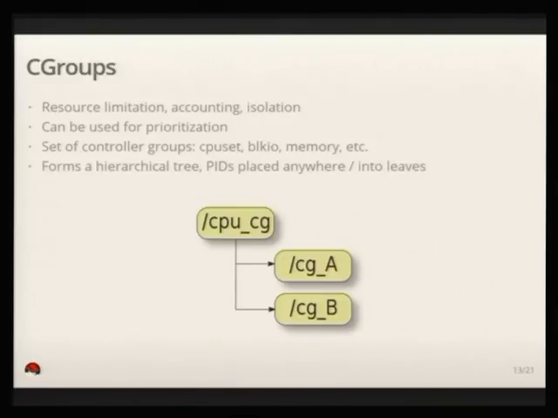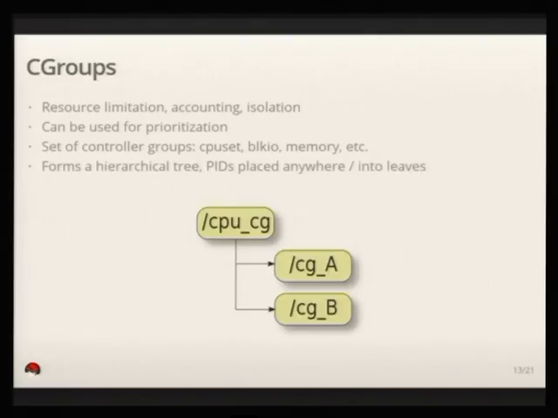The cgroups form a hierarchical tree, but there has been some work in this area lately in the kernel, so maybe this will be obsolete soon. Previously you could place the process anywhere within the tree. With the new approach, you can place them only into leaves, but we don't need to get too low level here.